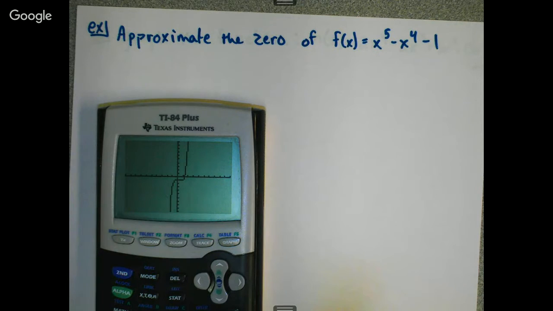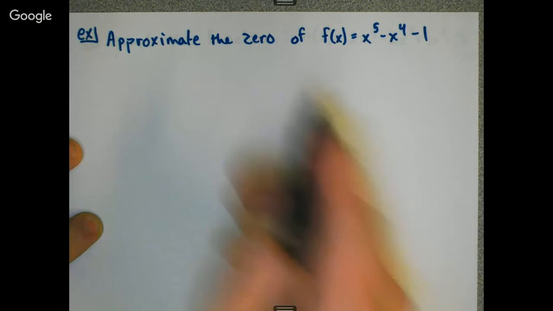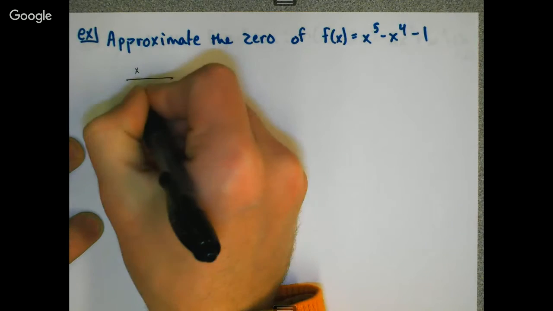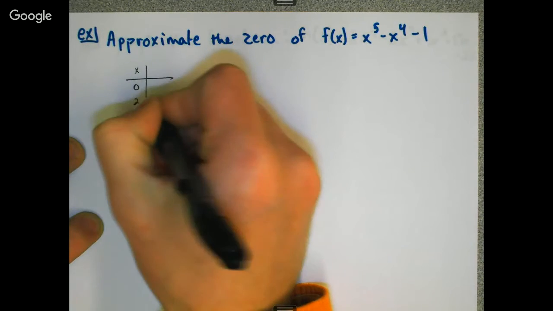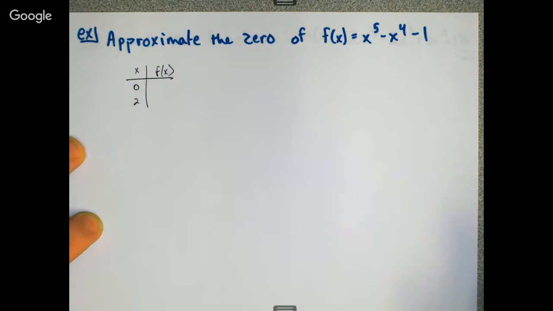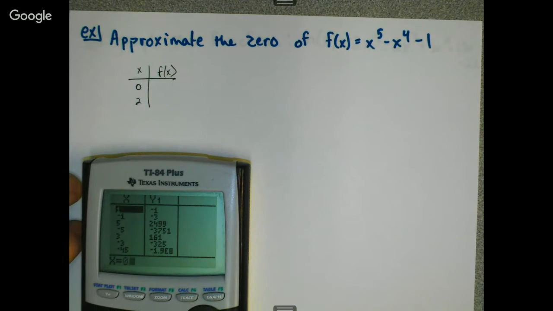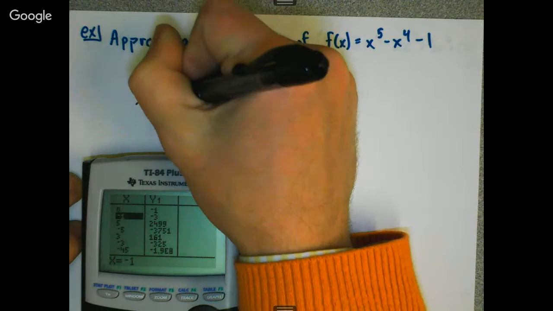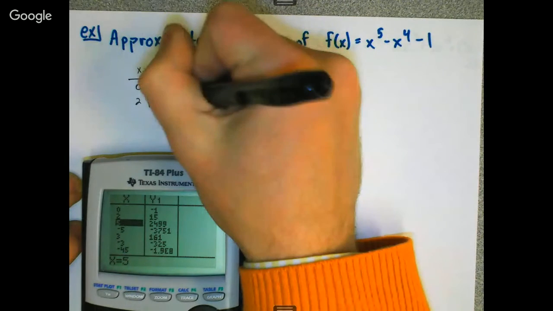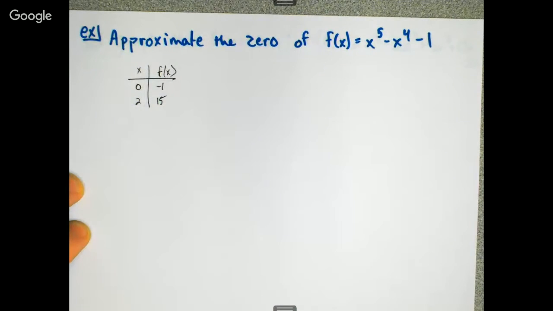I know that my 0 is somewhere between 0 and 2. If I plug in 0, I get minus 1. If I plug in 2, I get 15.